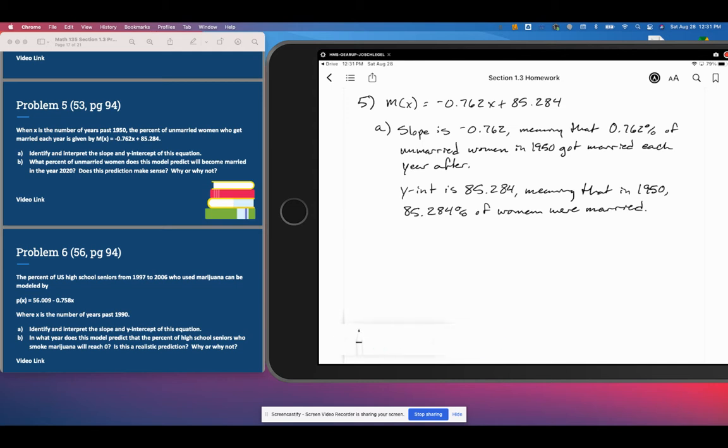So I'm actually going to rewrite my interpretation of the slope. I didn't notice the negative on there.